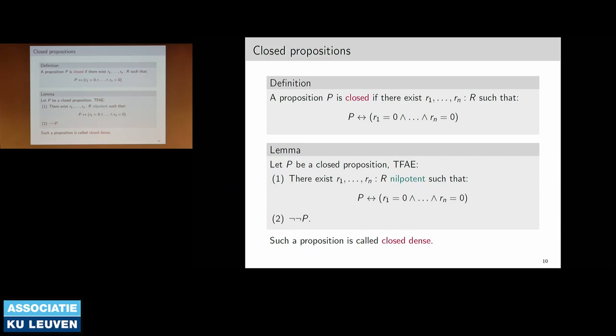And this is actually equivalent to asking that not P holds. The equivalence between the two is because one can show that an element in the base ring is nilpotent if and only if it is not equal to 0. And so those propositions are called closed dense.